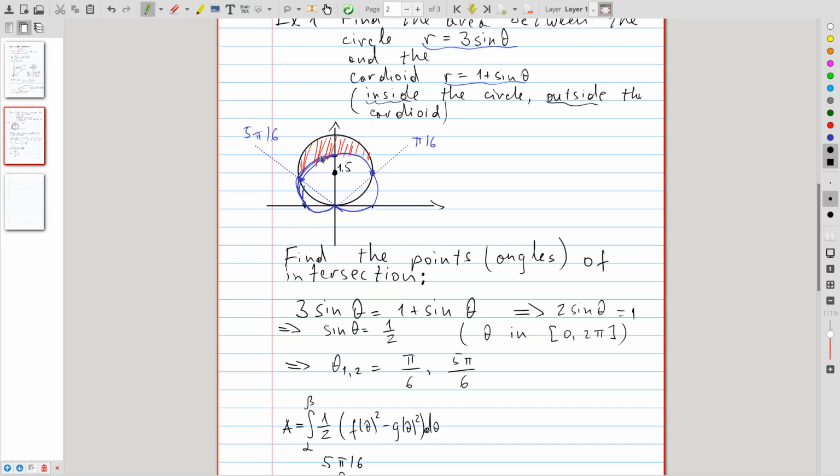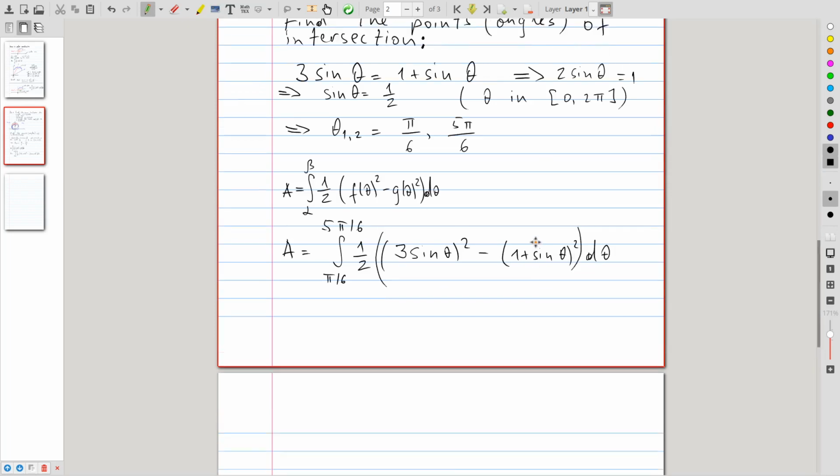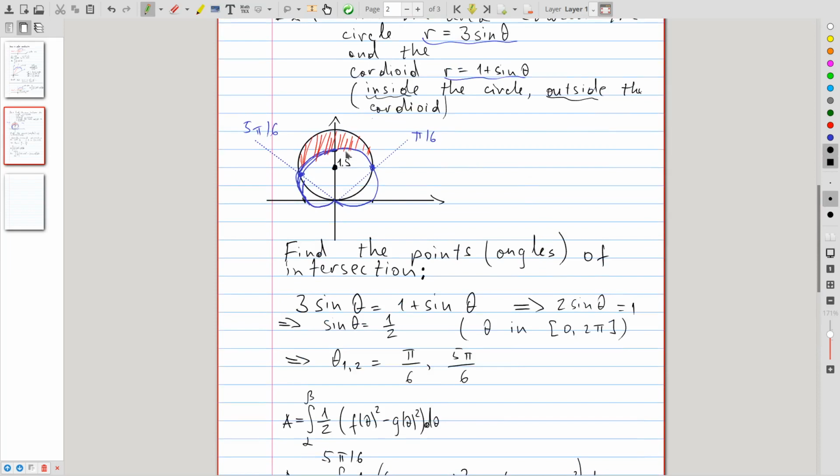The inner curve is the cardioid. So you see that the outer curve is the circle, the cardioid is the inner one. And so we have to subtract from 3 sine theta squared the value of 1 plus sine theta squared d theta. Now, a useful observation to be made at this point is that we have a region which is symmetric with respect to the y-axis. So we have symmetry here.